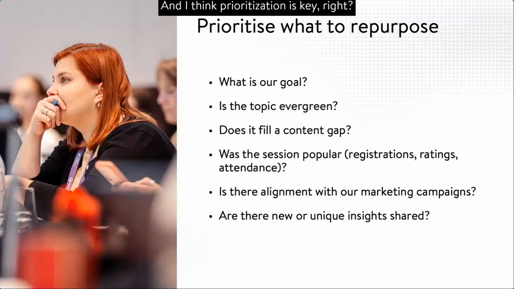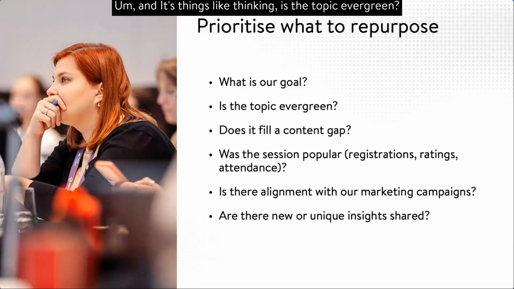And I think prioritization is key, right? Because we can't be everywhere at once. We can't do all the things. So it's really about shortlisting which sessions we're going to make sure we prioritize. It's things like: is the topic evergreen?